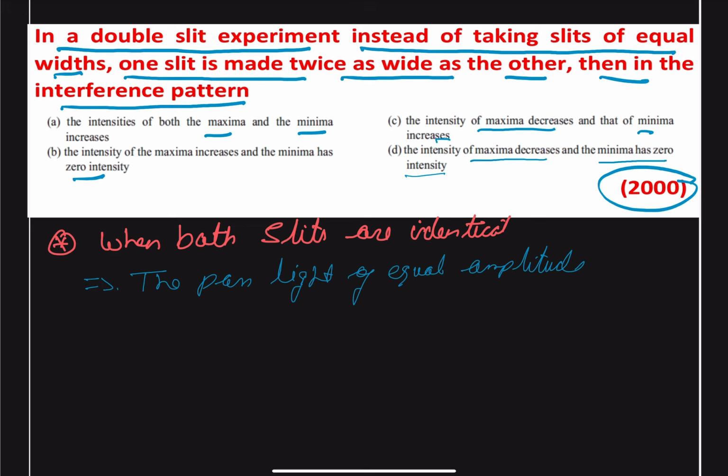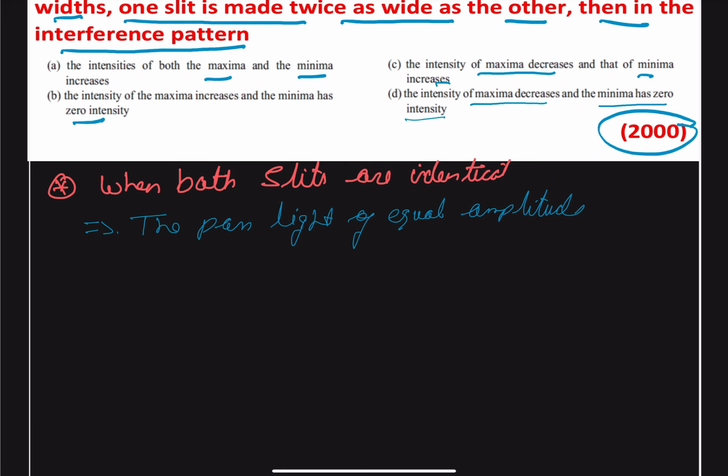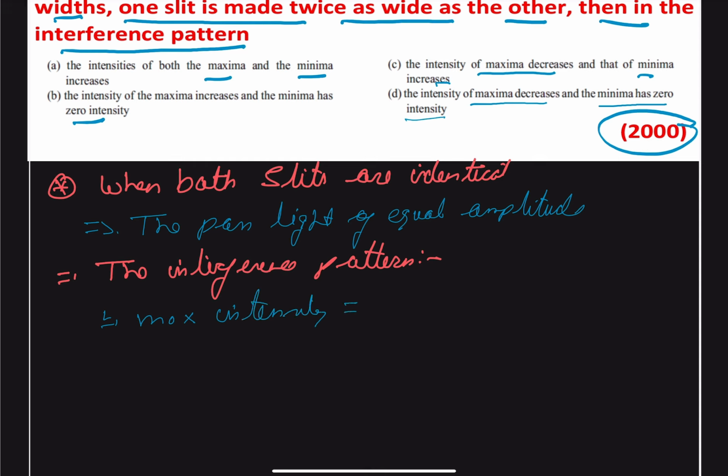So therefore, because of this equal amplitude, the interference pattern is going to have a maximum intensity and that is, let us suppose, our I max, which will be equal to 4A square if amplitude is given as capital A, and minimum intensity, that is our I min, will be equal to 0.